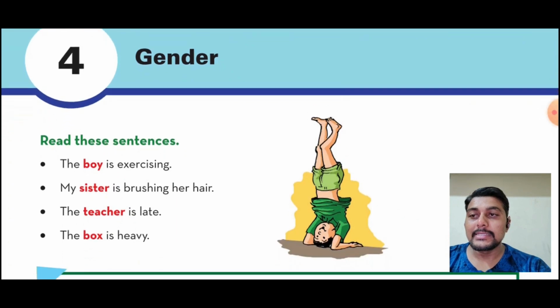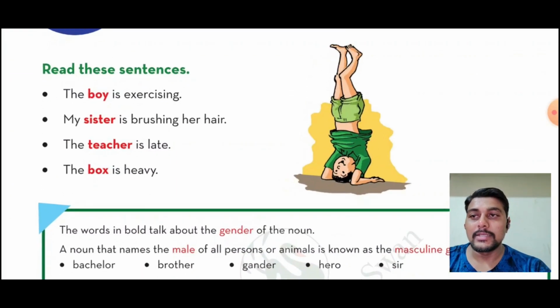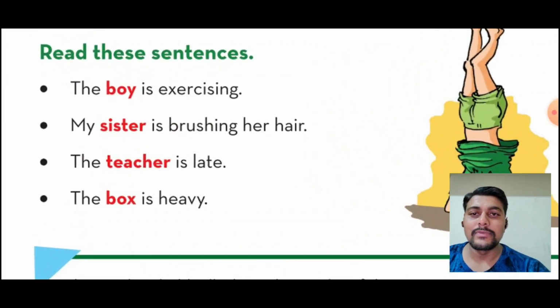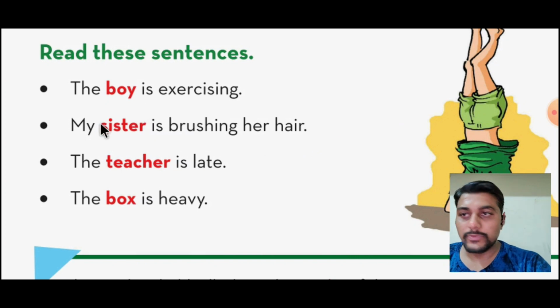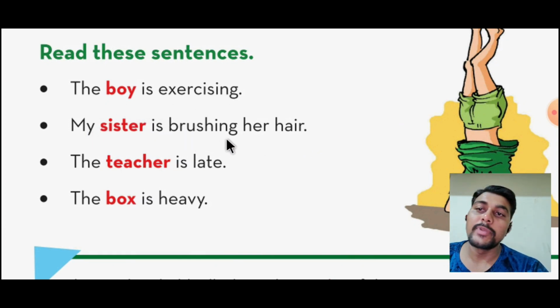Read these sentences. These sentences are written with a few kinds of examples. The first one is: the boy is exercising. My sister is brushing her hair. The teacher is late. The box is heavy.